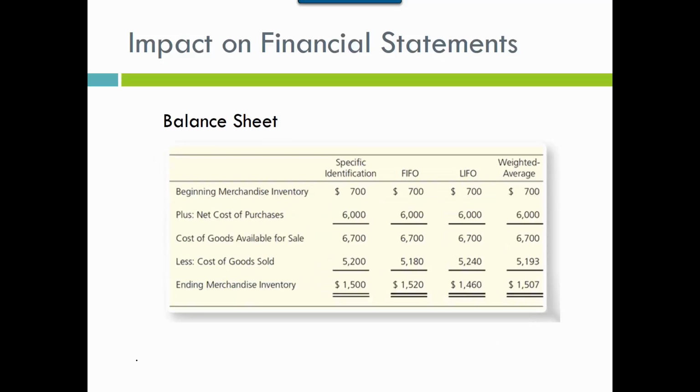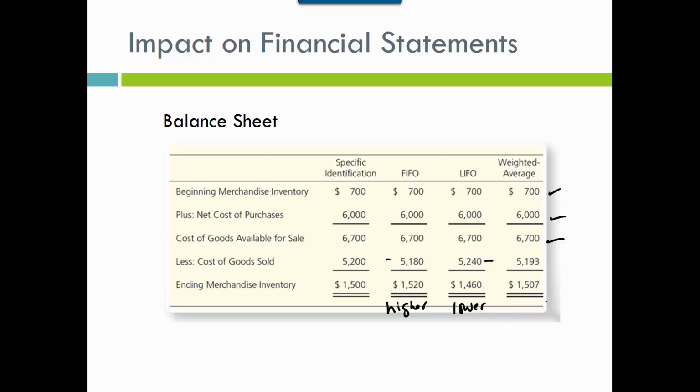On the balance sheet, the beginning inventory and the purchases are the same, and so the goods available are the same, but what I took out is going to be different. So with FIFO, I took less out, so I have a higher ending inventory. With LIFO, I took more out, so I have a lower ending inventory.